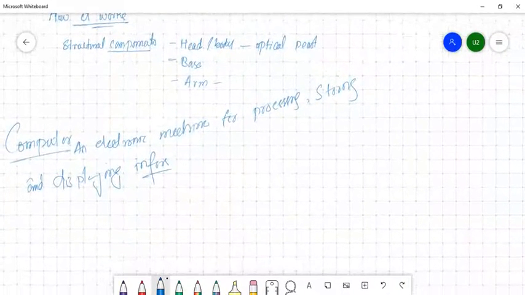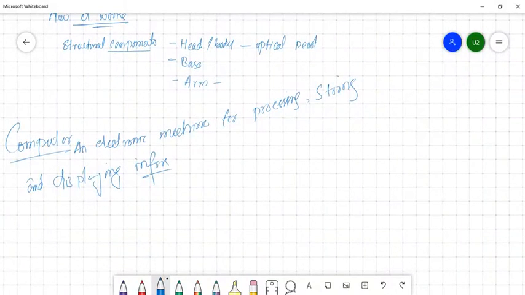After carrying out a sequence of logical operations automatically, when it has done the sequence of logical operations, after that comes the processing, storing and displaying of information of a desired function.